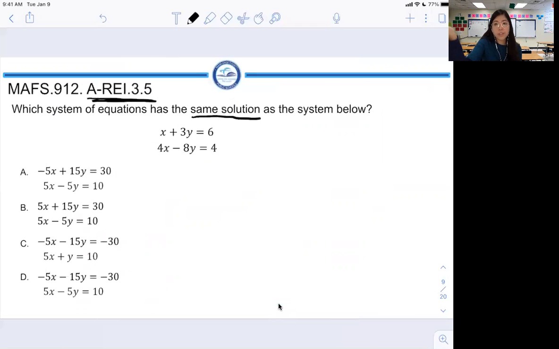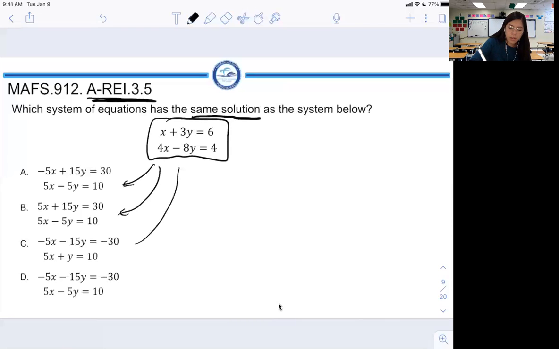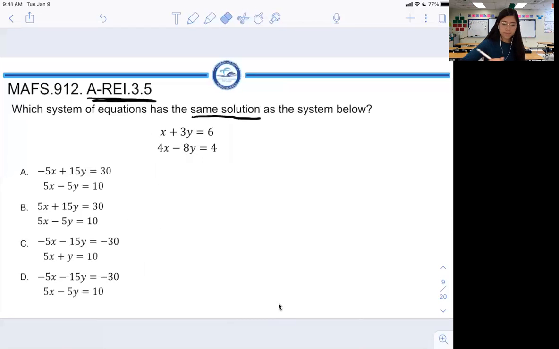You could actually solve the system and figure out the coordinate point of the solution, but that would take you a lot of time. So instead, what we want to do is see if there's any patterns, see if there's any way that I can go from this system to one of these below. So we're trying to see, is there any way that I can get from that one to the rest?